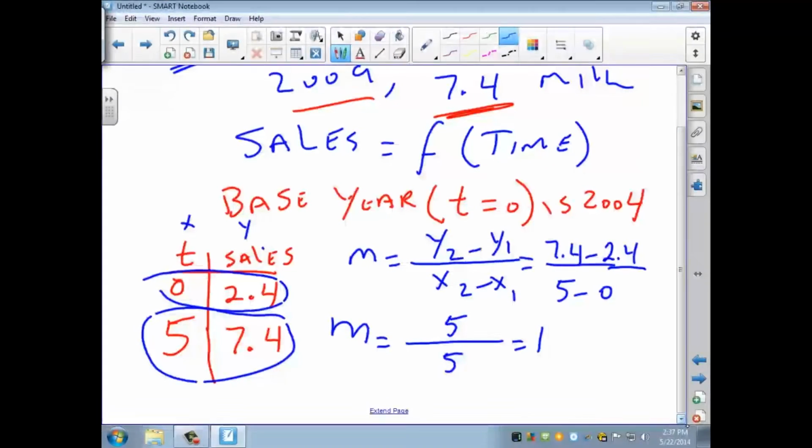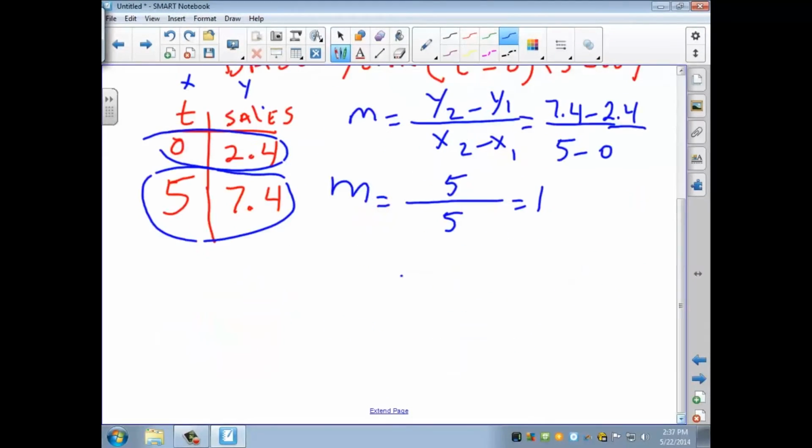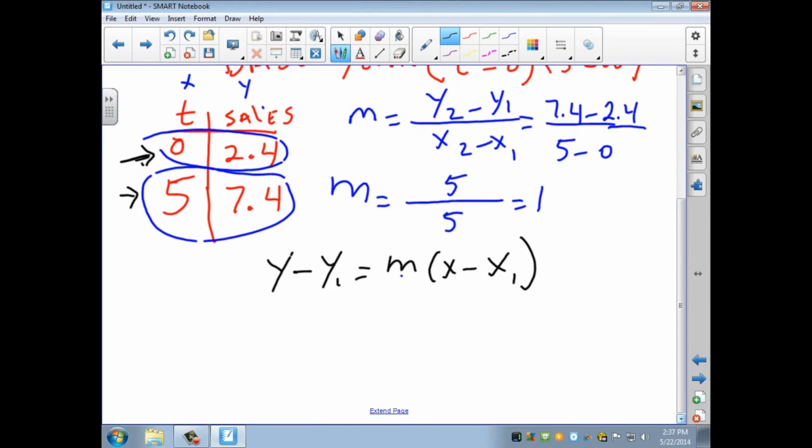As I said before, the formula to find the equation of a line is y minus y1 equal m times x minus x1. So I can take any of these 2 points, either this point or this point, to be my x1 and y1 and plug it into this formula.